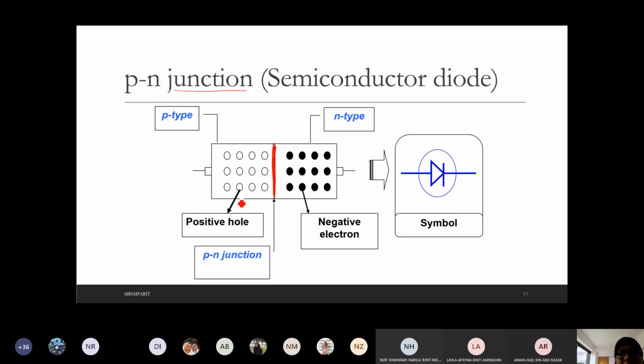P type has more positive holes. It's not that it has no negative, it does, but it has more positive holes. N type has more electrons here. So this one we call PN junction. You need to know this characteristic, and I'm sure that you know the symbol already.